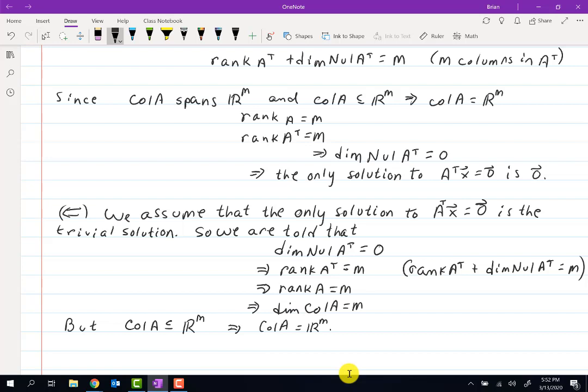Well, that continues to imply that AX equals B has a solution for every B in R^m.